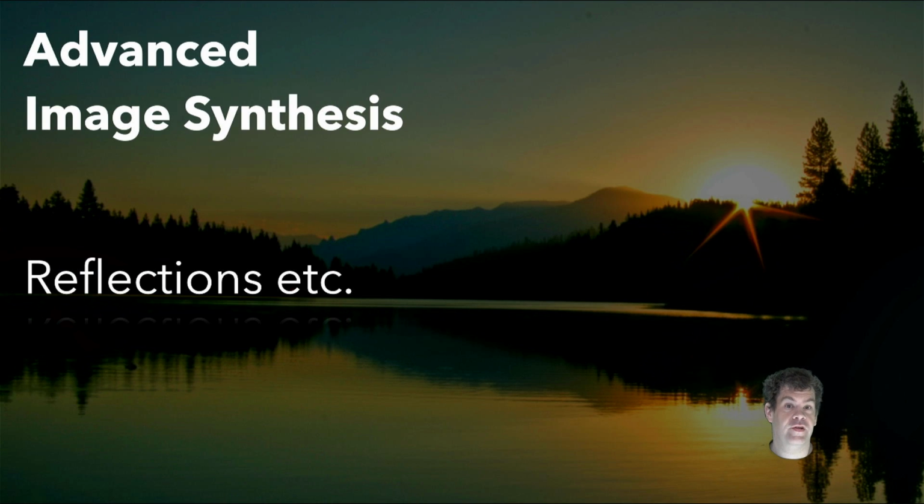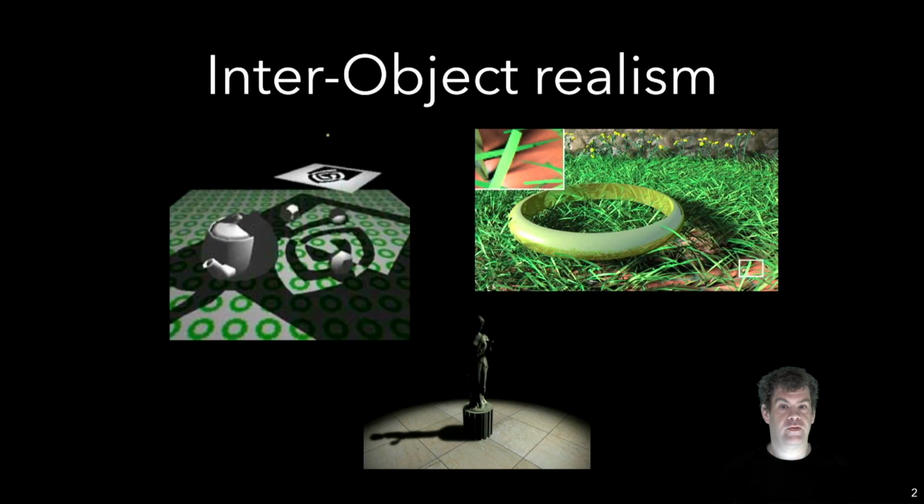So, what are reflections? Why do I talk about reflections? Well, reflection is part of this concept of inter-object realism. When you look at the way that the rasterization pipeline works, I mentioned the last time already a key concept that makes rasterization so well suited for hardware and for parallelization: the idea that everything is independent from each other.